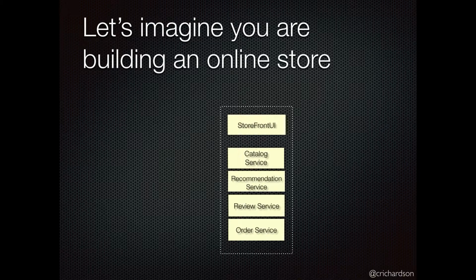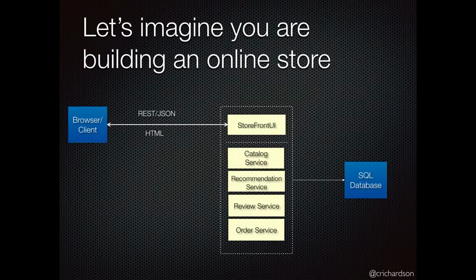There could be many more, a shipping service, for example. The presentation tier is likely to be supporting a browser, and could also be supporting mobile clients, so it might be emitting HTML, it might actually have a REST API. There's probably going to be a SQL database in the background. So a pretty standard enterprise application.